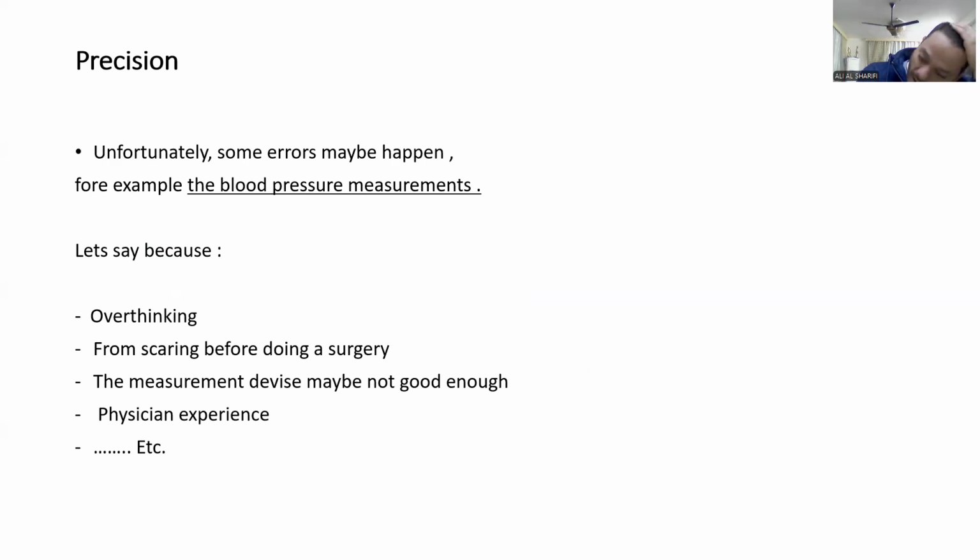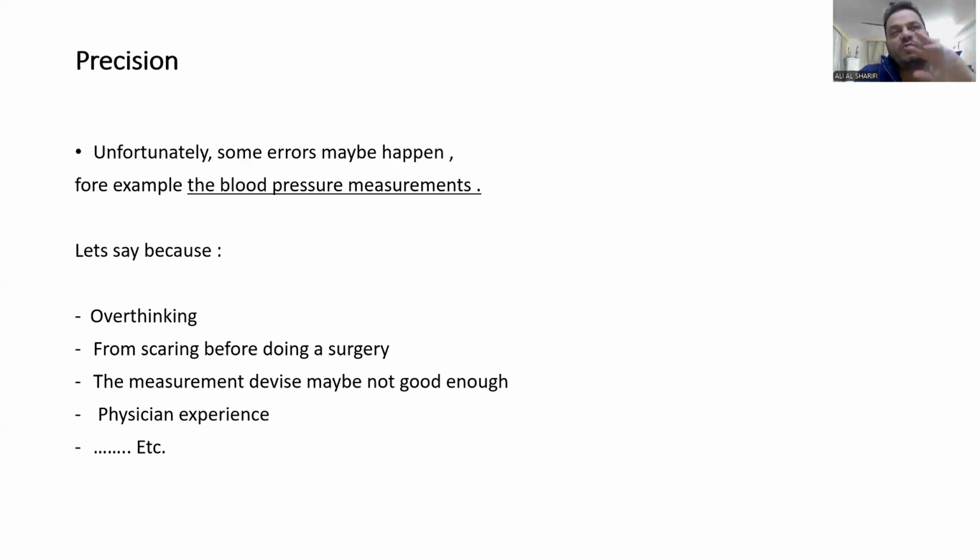Unfortunately, let's talk about another situation. Here, when I send him to take the temperature of an ill person, something may happen, not because of the physician's experience or the measurement tool, but I will have another problem. Unfortunately, some errors may happen, for example in blood pressure measurements.